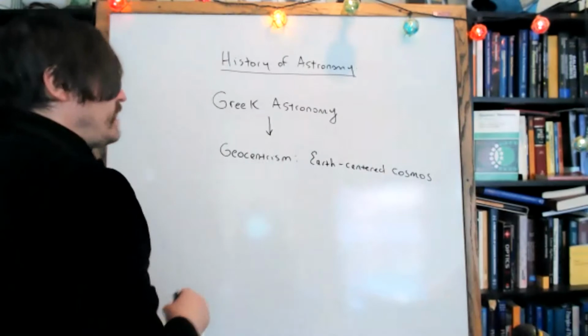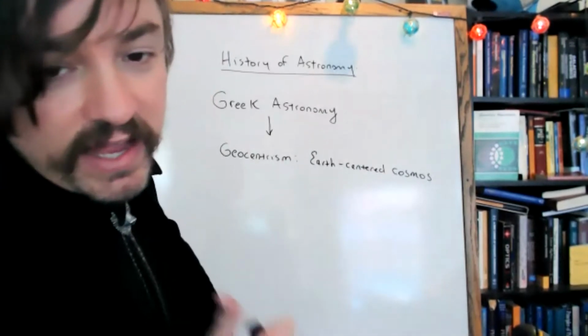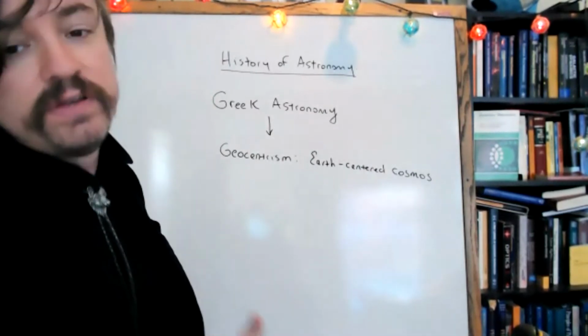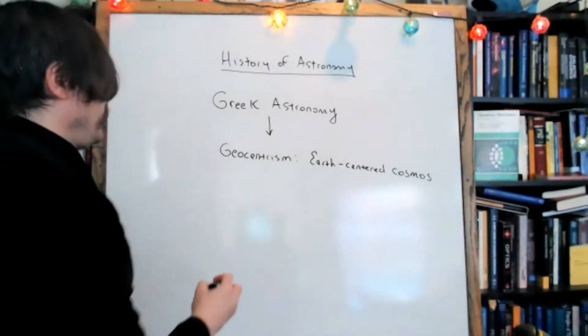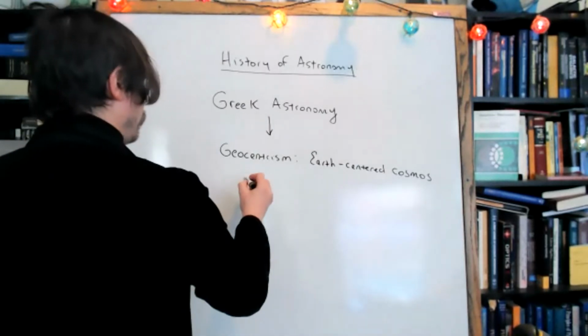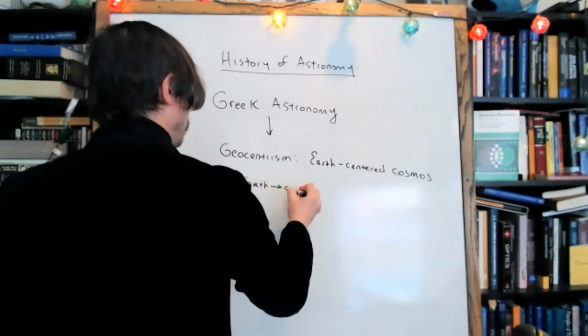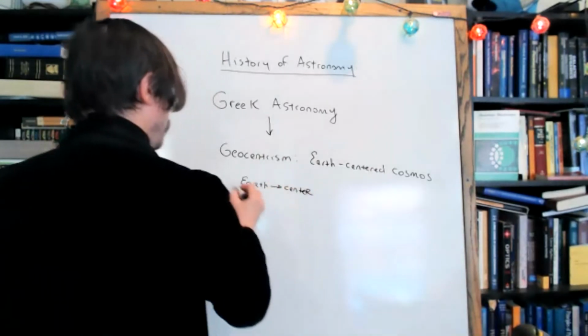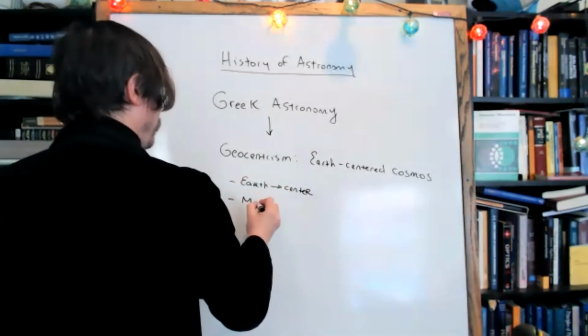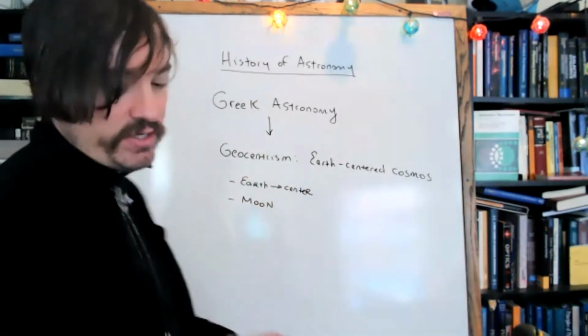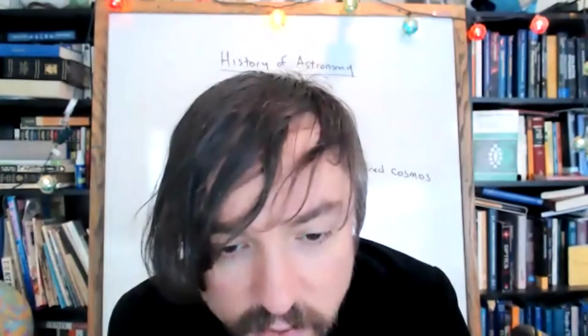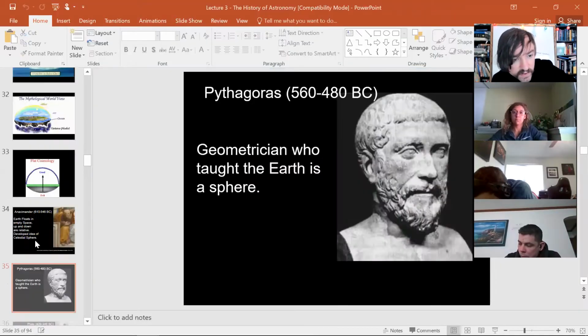And what's interesting is that the Greeks had actually correctly developed the order of the planets. They had Earth as the center, followed by the orbit of the moon. Let me show you a diagram of the Greek conception of the solar system.